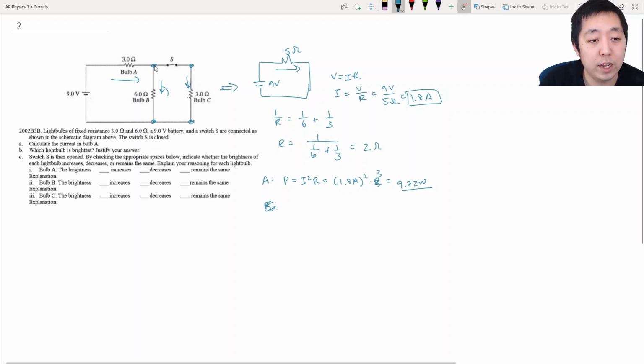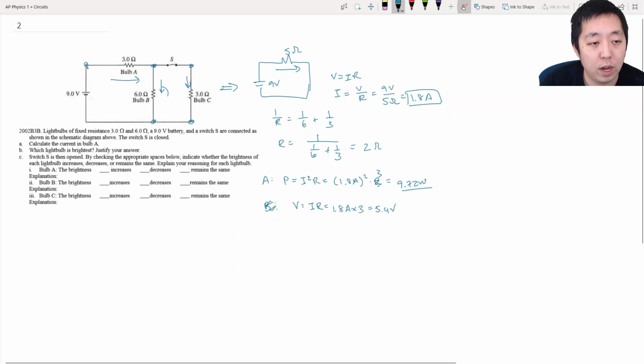Well, to find this voltage here, I need to know what the voltage drop here was. And the voltage drop across this, I can calculate as V equals I times R. And that's 1.8 amps times 3, and that's 5.4 volts. So the voltage drop from here to here is 5.4 volts.